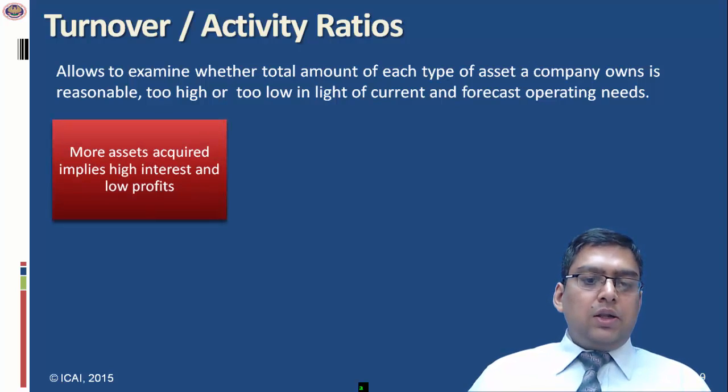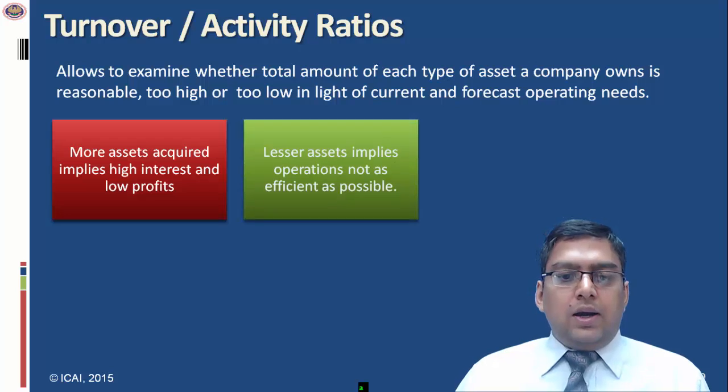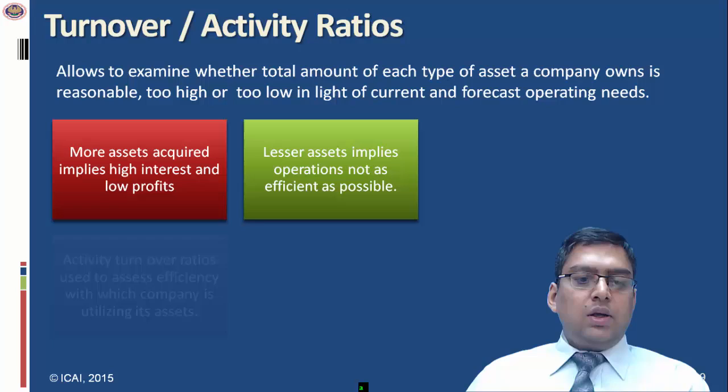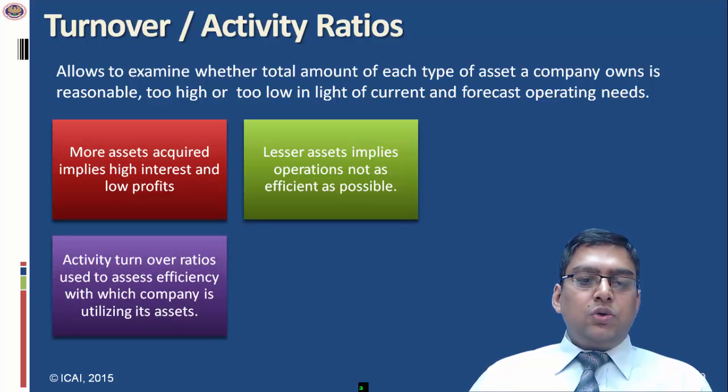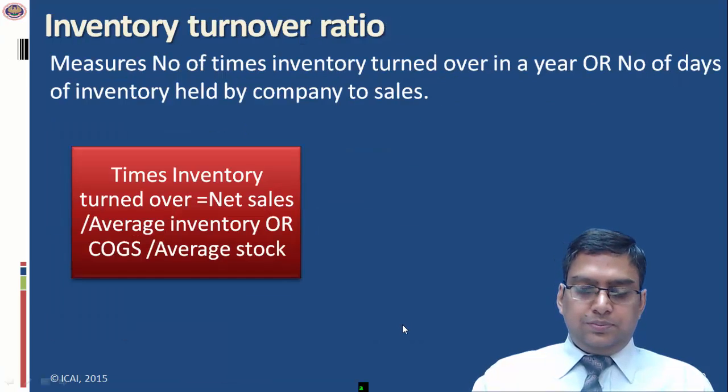First, more assets acquired imply higher interest and lower profit, and idle assets imply operations are not as efficient as possible. Third, activity turnover ratio is used to assess the efficiency with which a company utilizes its assets. And last one, related to the level of activities represented by sales or cost of goods sold.